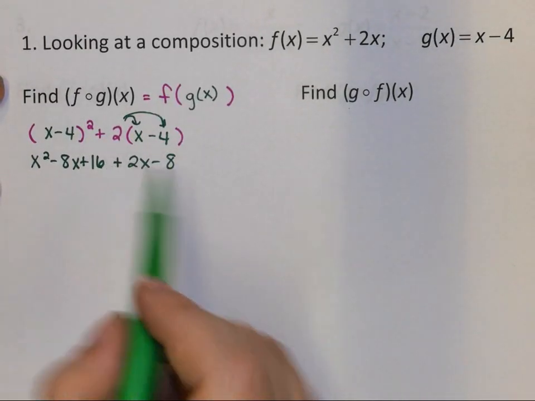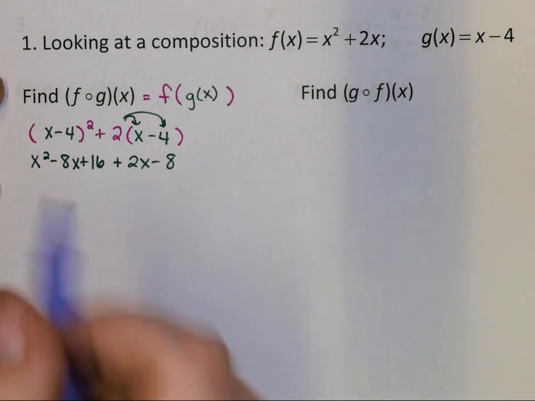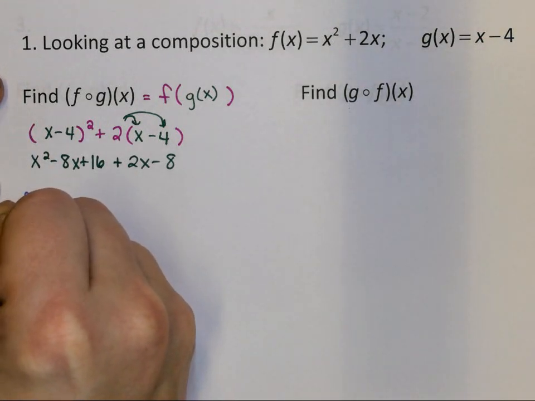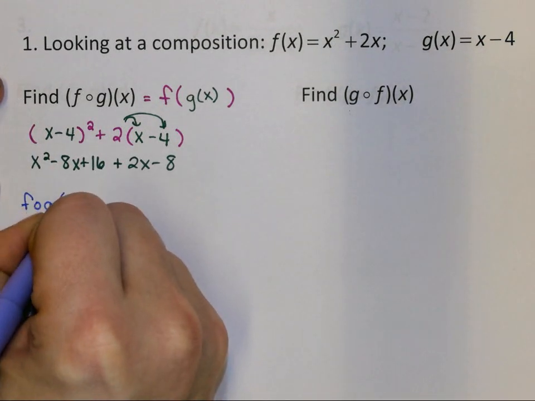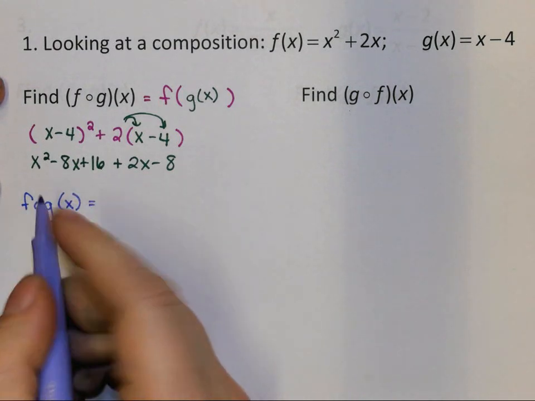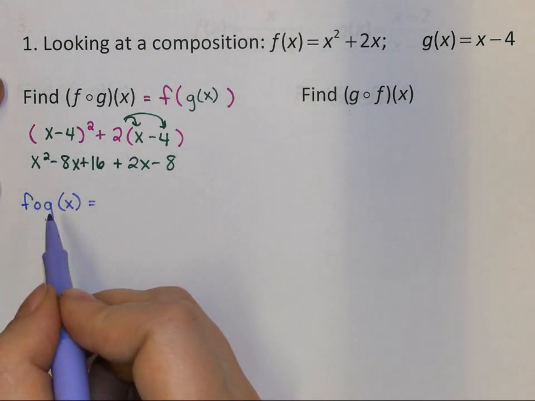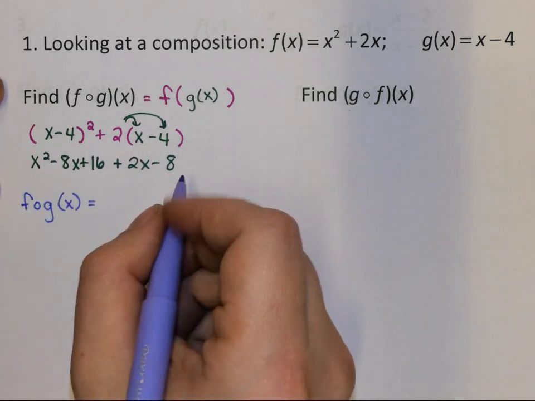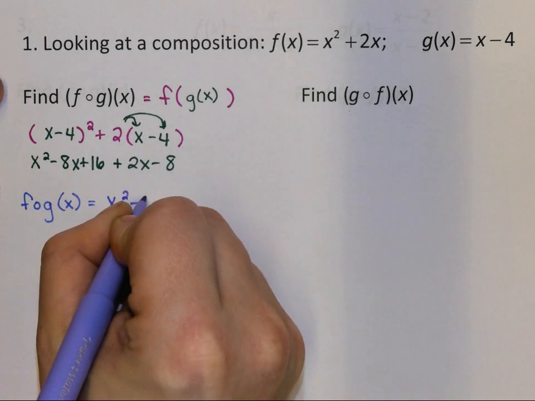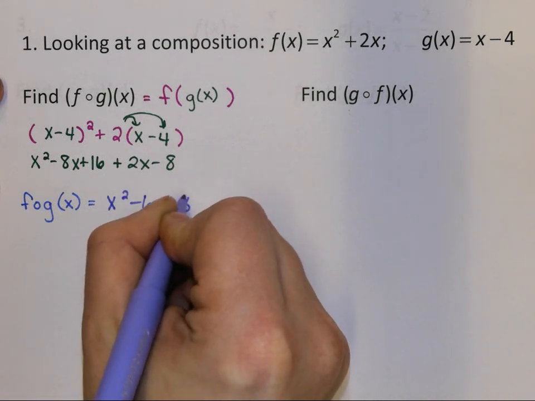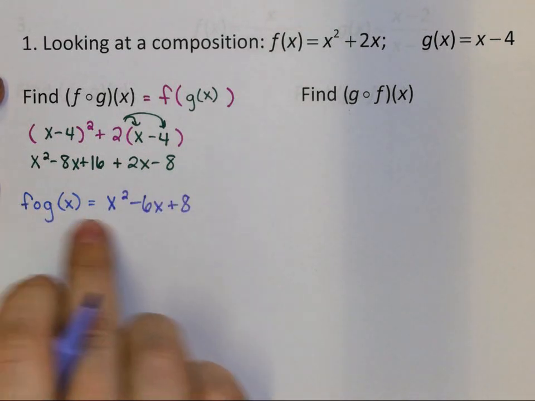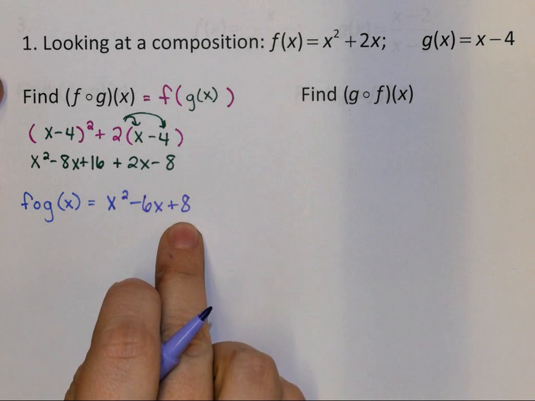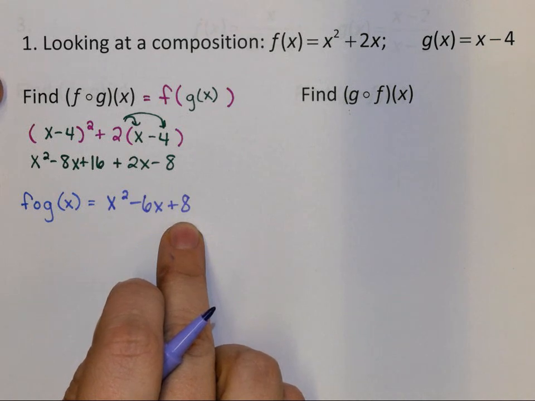All right. Now we get to combine like terms. So I'm going to say my f of g of x, x just means that there's still a variable left in it here, is going to be what? What does this simplify to? Beautiful. So that, my friends, is the composition function, the composition of those functions.